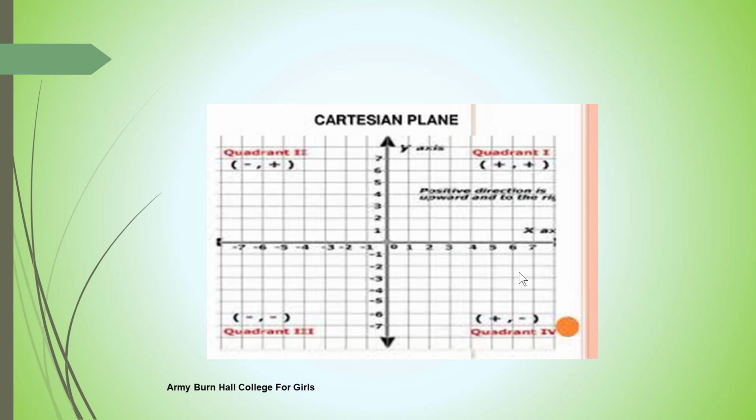This horizontal line is the x-axis and this vertical line is the y-axis. The vertical line is representing the y-axis, the horizontal line is representing the x-axis. This type of plane is known as the Cartesian coordinate system.